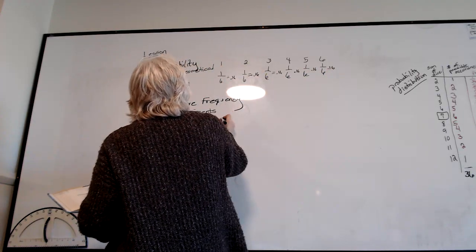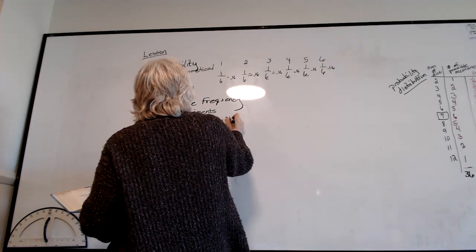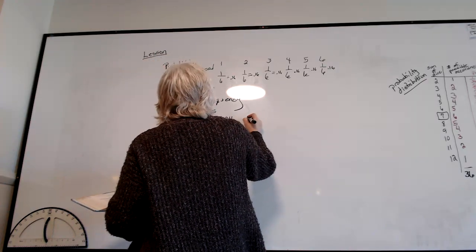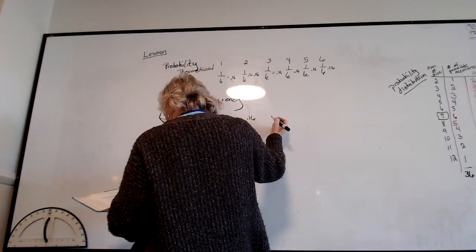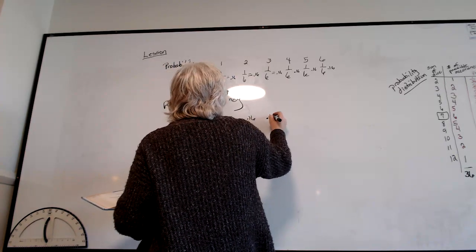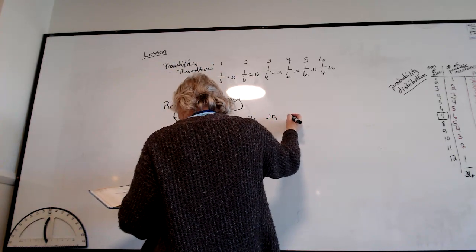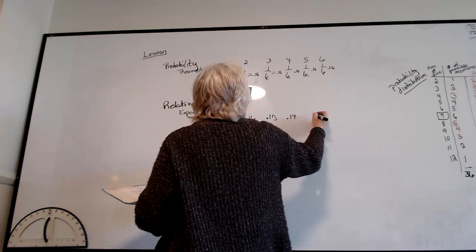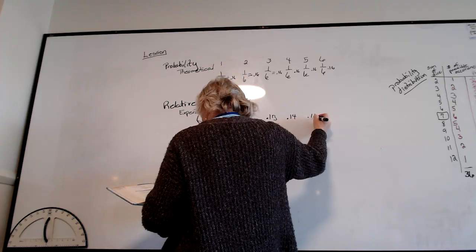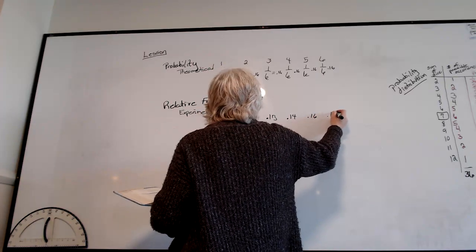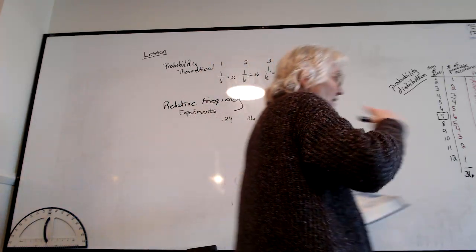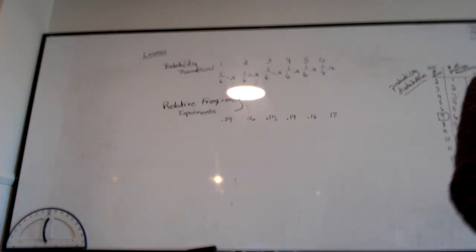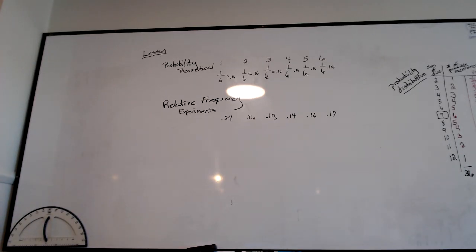If I do a count of it, I might come out with 0.24 here. I might come out with 0.16 for one of them, but I might come out with 0.13, 0.14, 0.16 again, and 0.17.